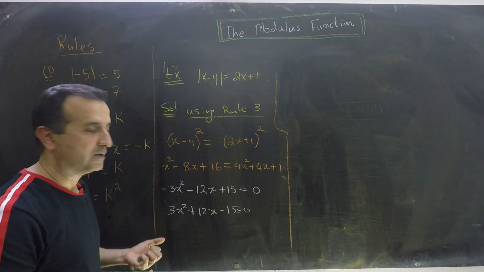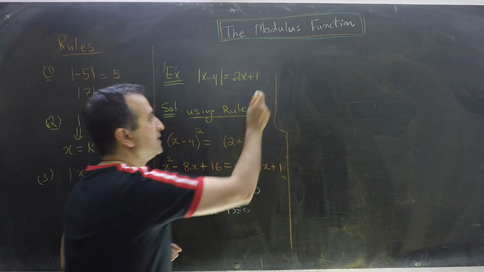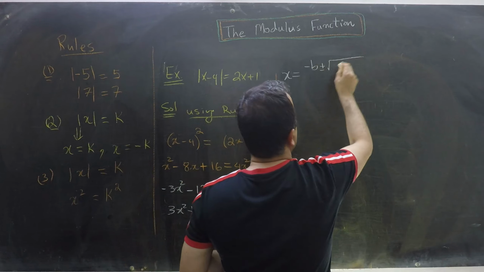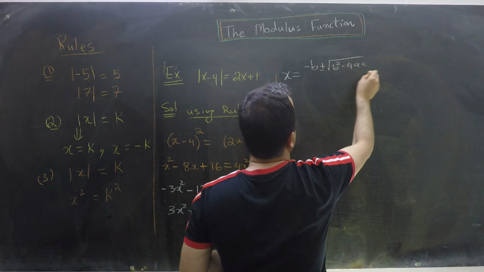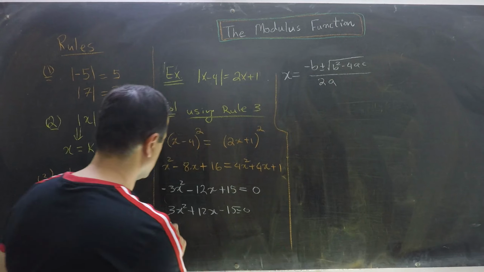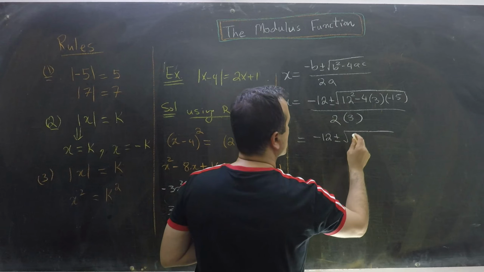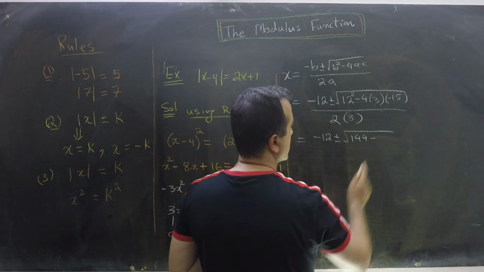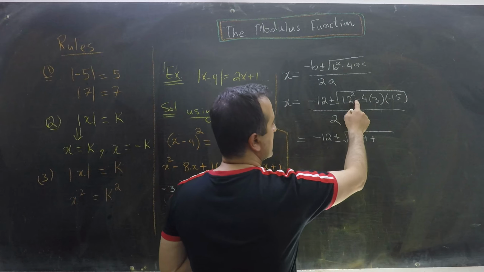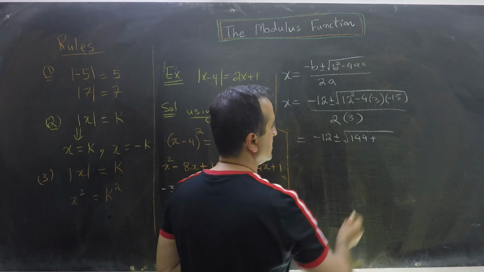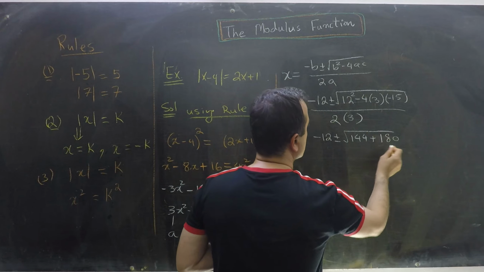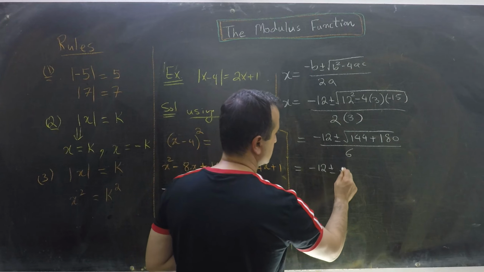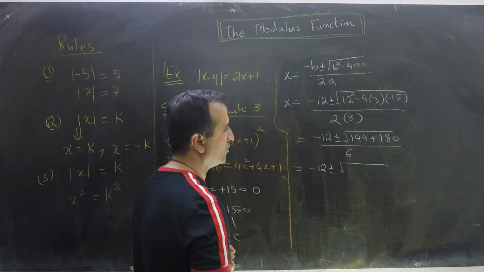Now we will find the solution of x using the quadratic formula, that is x is equal to minus b plus minus square root of b square minus 4ac over 2a. We compute the discriminant, which will come to 324, over the denominator.